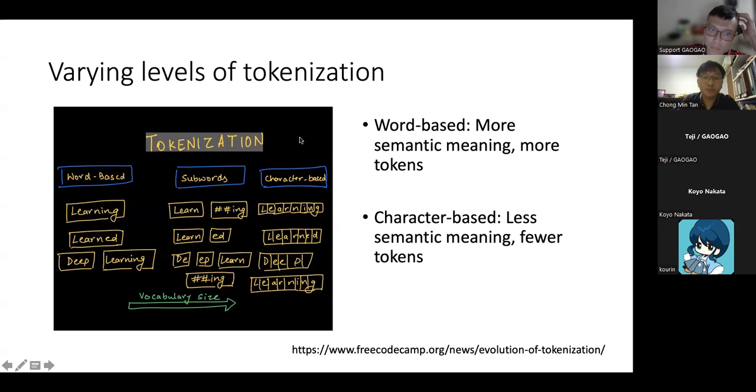So how do we do it? There are a few ways to convert words into different chunks so that we can fit these chunks into the computer. Remember for the RNN, I gave you all the notebook, which is a character-based RNN generator to generate Shakespeare text. It generates the text based on character-level encoding, where you encode different characters like L, E, A, R, N, I, N, G for learning, and so on.